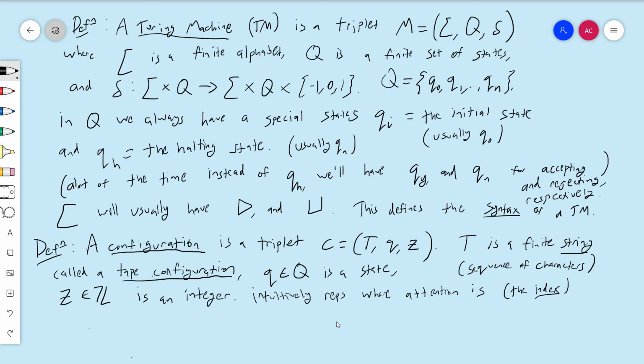By the way, for any z, it doesn't have to be this one. Maybe I'll say for any n, let t of n, I'm going to put these brackets, be the symbol at index n.